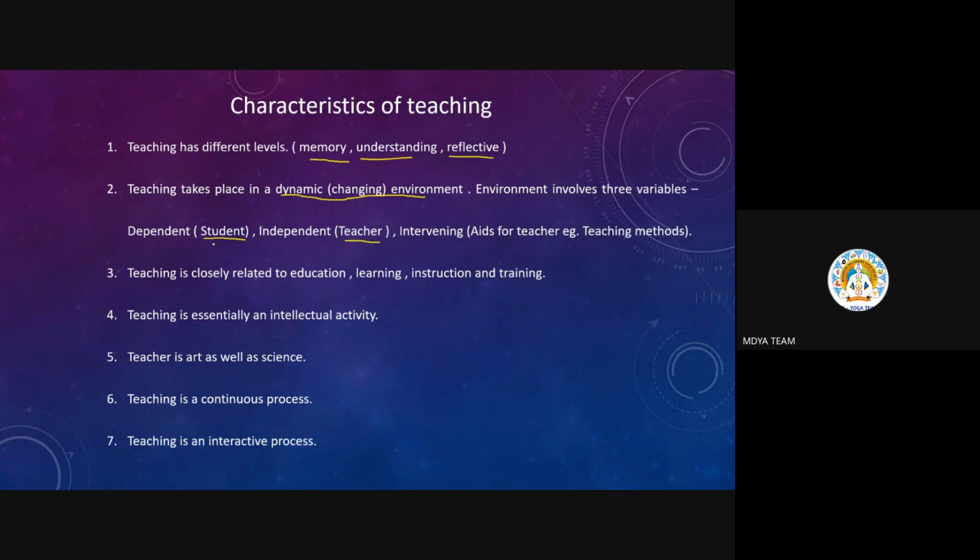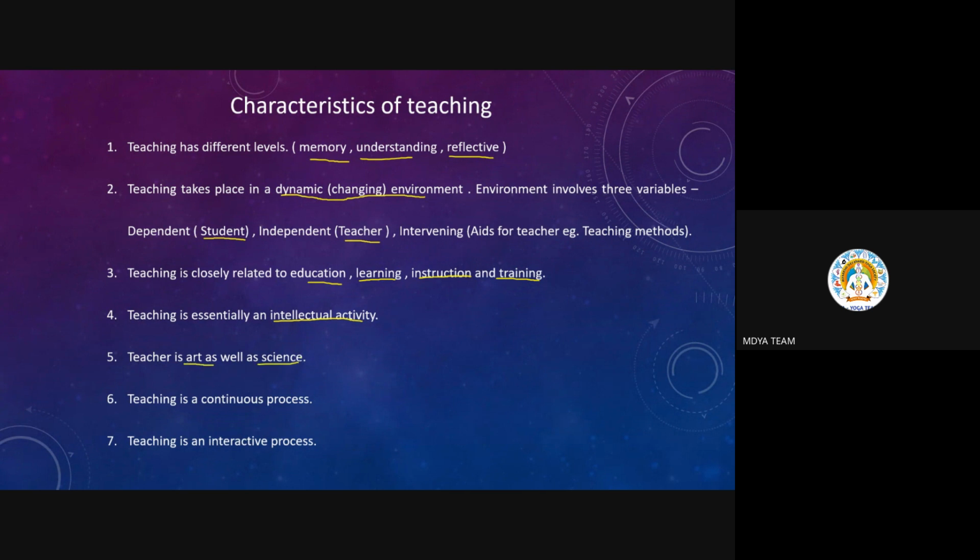So the teaching environment is dynamic in nature. Teaching is closely related to education, learning, instruction, and training. Teaching is essentially an intellectual activity. It's not teacher, it's teaching. Teaching is an art as well as a science.